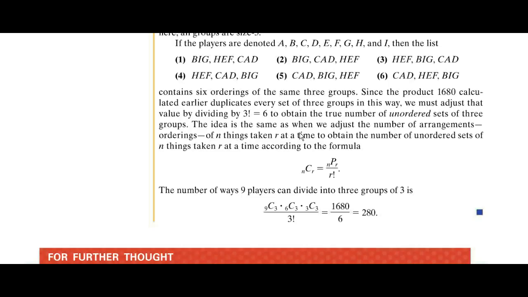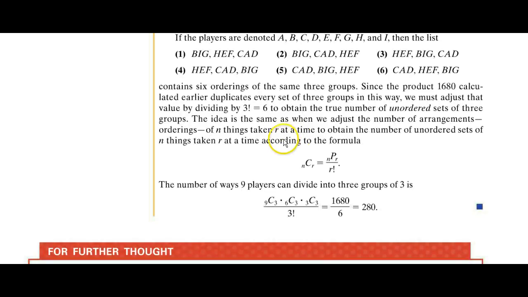So they're saying what this would better be defined as is this formula, where the number of ways 9 players can be divided into 3 groups would be all of this, and since repetitions are allowed, because the groups are of 3 and not distinguishable, then we have to divide by 3 factorial, which is 6.